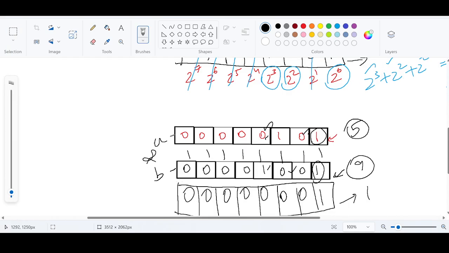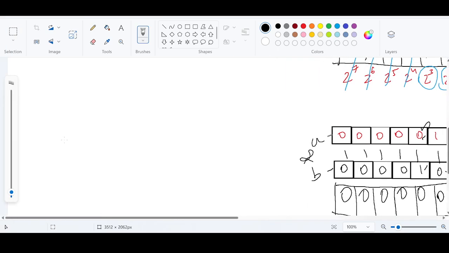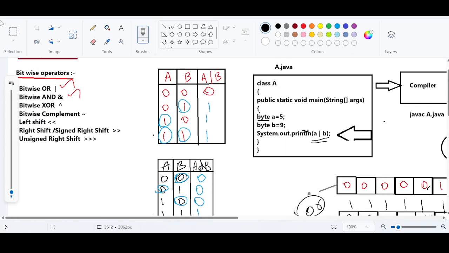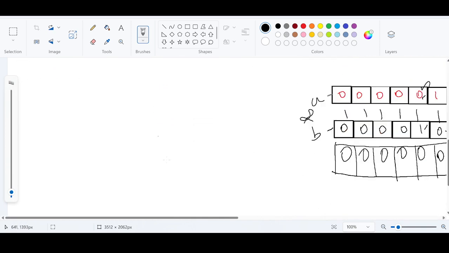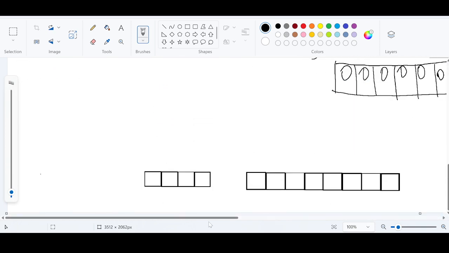What is this? The next operator is the caret operator. So you call this as caret, C-A-R-E-T, not the vegetable carrot. Caret, XOR. So the truth table for XOR operator is as follows.